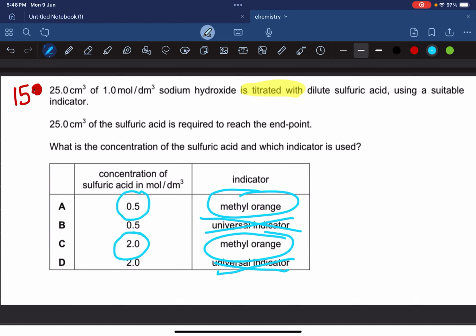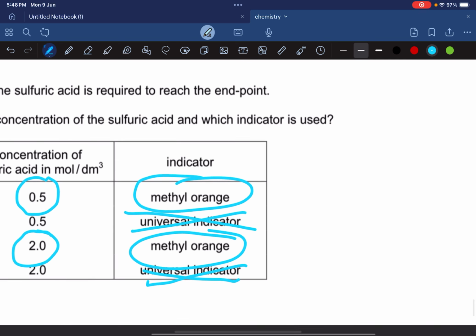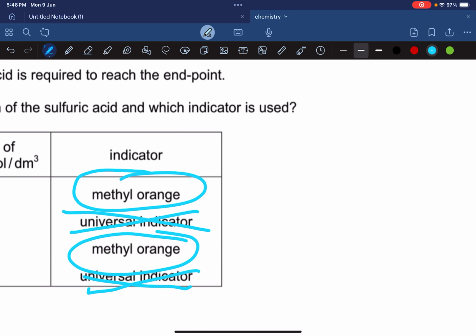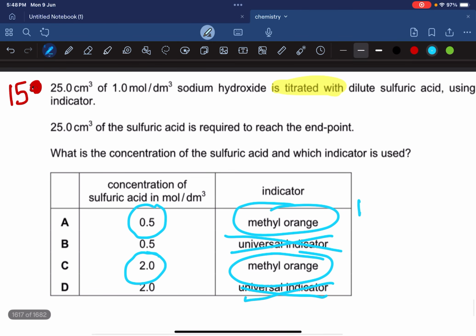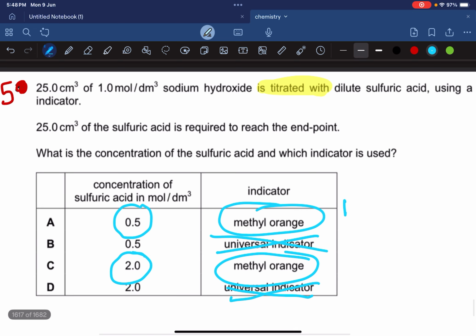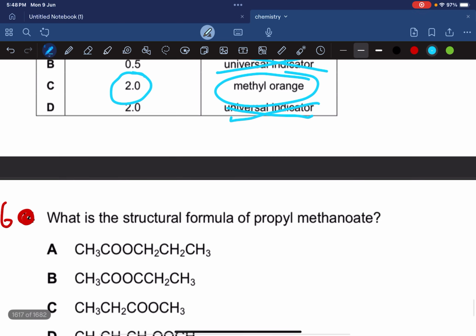Okay, this might confuse you a little bit, but another important concept comes in over here. Just write the equation for sulfuric acid with sodium hydroxide. So it is NaOH plus H2SO4.